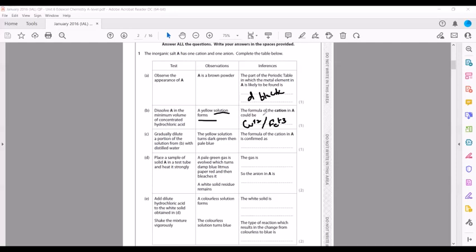The formula of cation A is confirmed. So it means the oxidation numbers are changing. Remember, copper plus 2 with a chloride ion is yellow in color. But copper 2 forming a complex with water is blue in color.